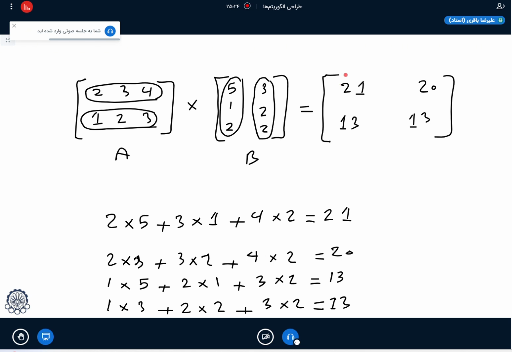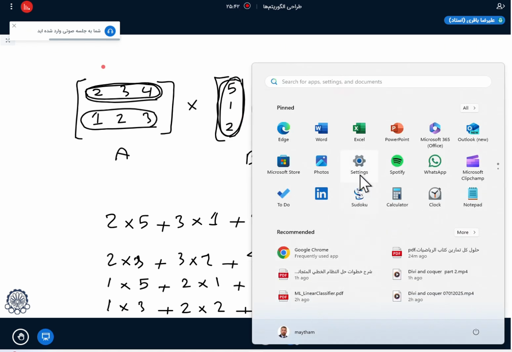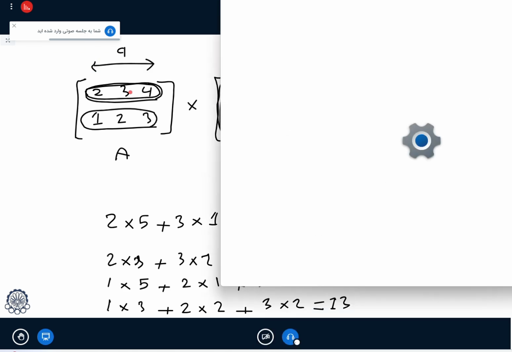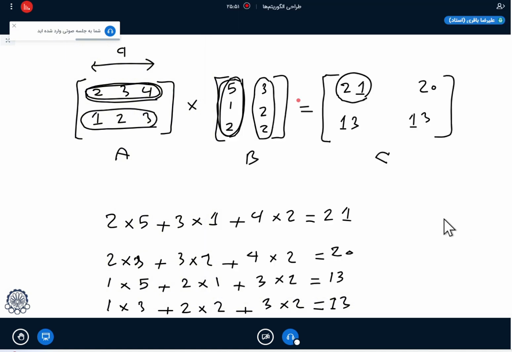So for computing one item of matrix C, one row of A is multiplied by one column of B, and the number of multiplications is Q. If we have Q columns in A and Q rows in B, the number of multiplications is Q. If A is P multiplied by Q, the number of rows is P and the number of columns is Q. B has Q rows and R columns.